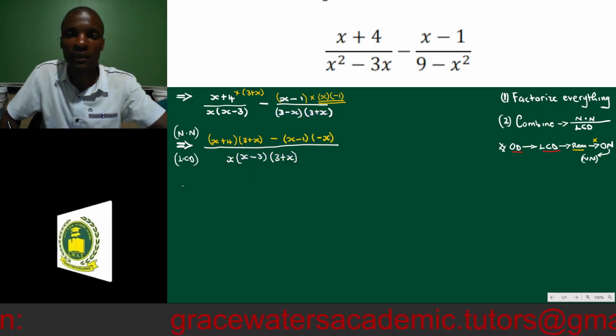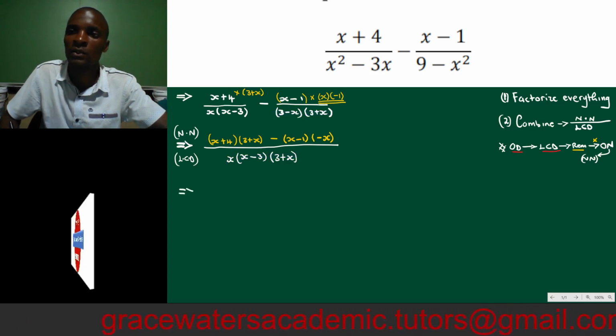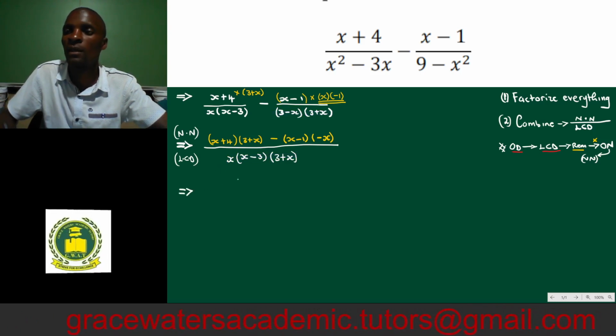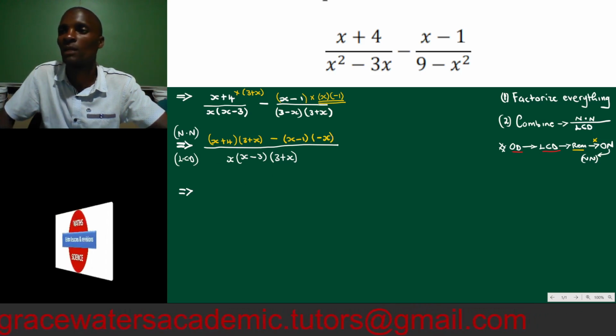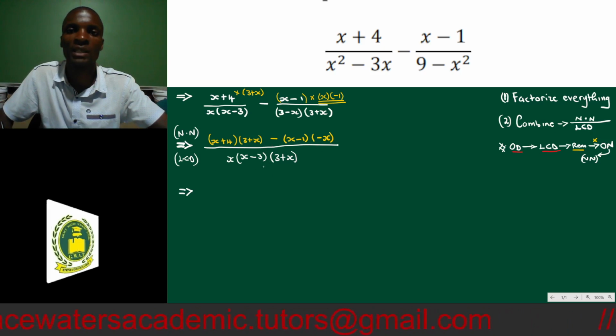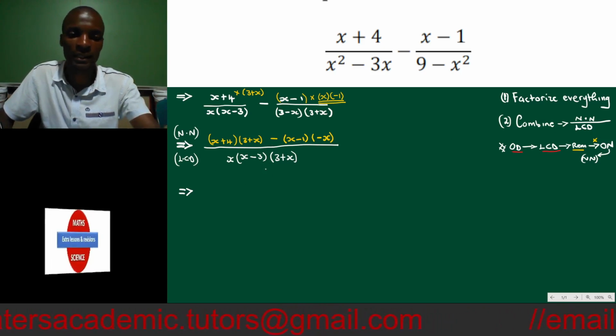Now the next stage, which is the third stage, is to simplify both the denominator and the numerator, but we are going to simplify the numerator because the denominator has been simplified already. So let us look at that.